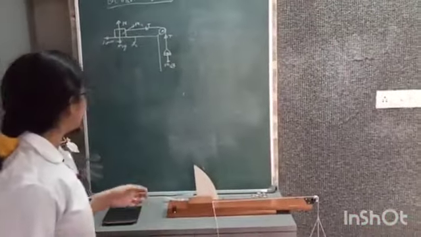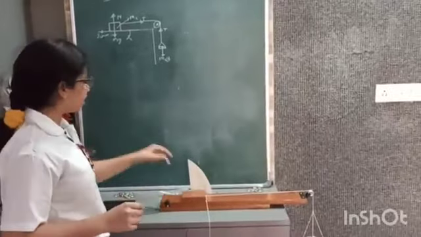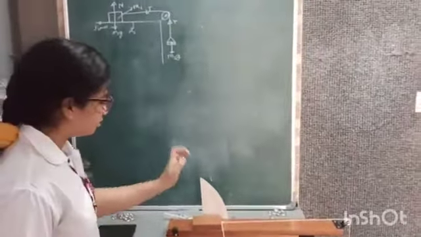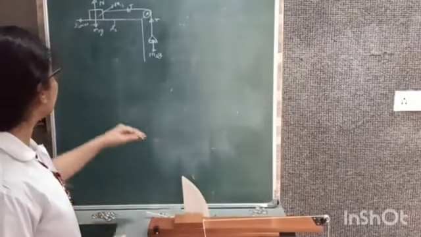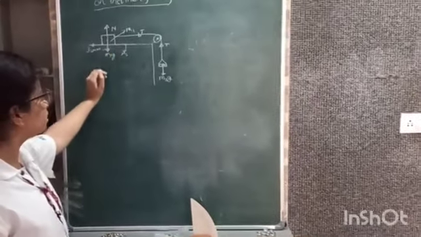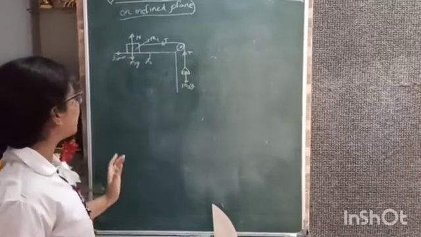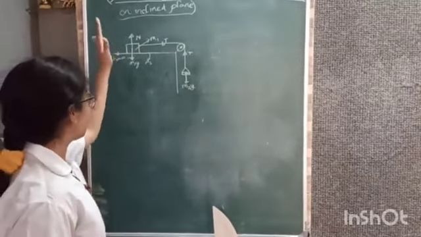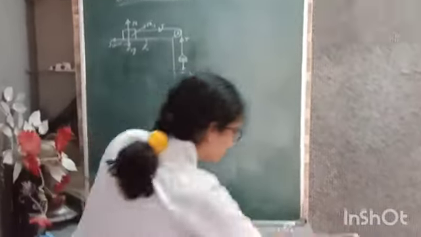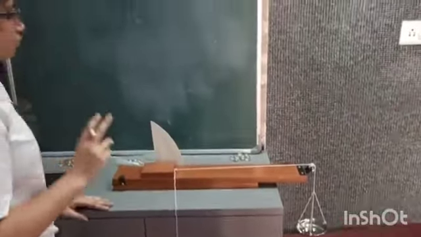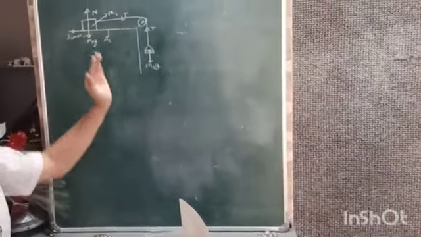Right here, as you can see, this is the rough diagram of the whole experimental setup, where this block is of mass m1 and its weight m1g is acting downwards and the normal reaction N is acting upwards. For this plate, where I will later add these pebbles, the mass will be m2, so its weight m2g will be acting downwards.